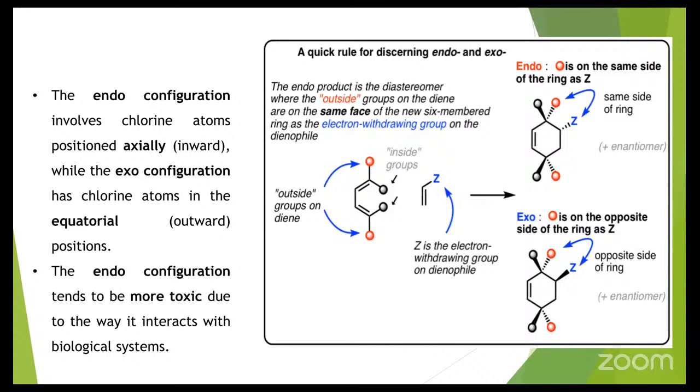Here you can see the basic mechanism, a quick rule for discerning whether it's endo or exo. The endo configuration involves chlorine atoms positioned axially, that is inwards, while the exo configuration has chlorine atoms in the equatorial, that is outward position. The endo configuration tends to be more toxic due to the way it interacts with the biological system.